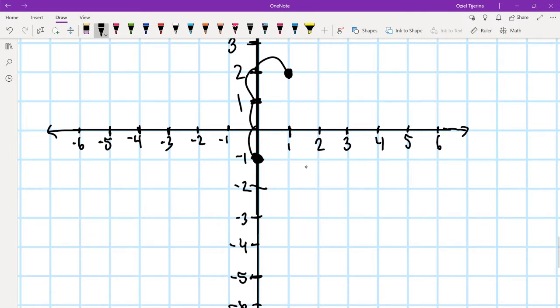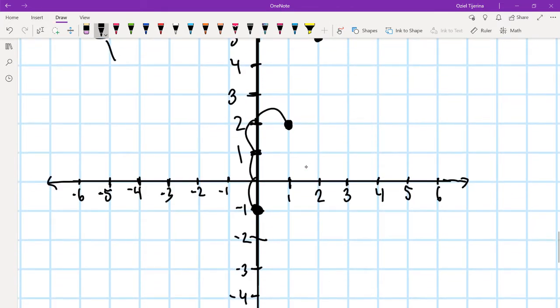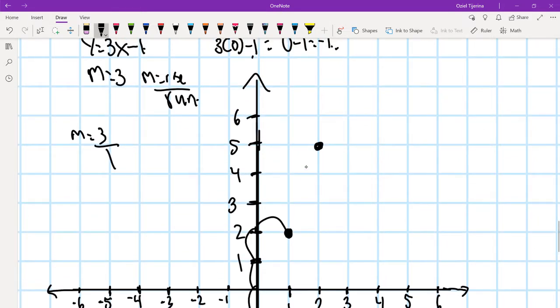And then instead of going up 3, you would go down 3, so it's the same as saying up 3 and up 1, or down 3 and down 1.